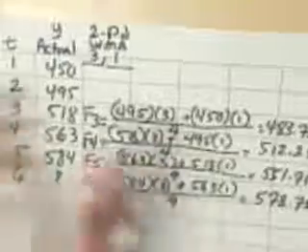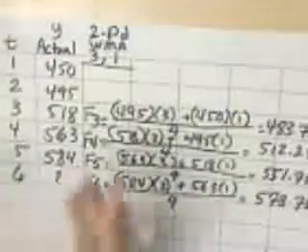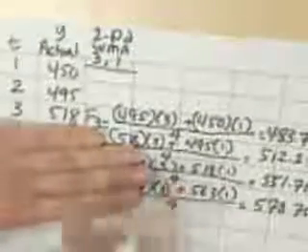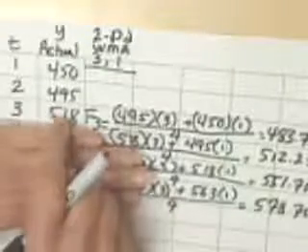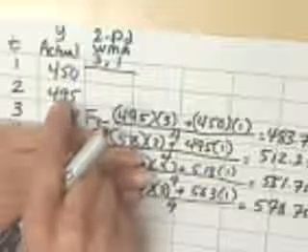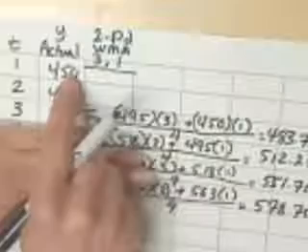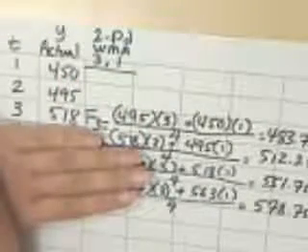Or you could go through a 3-period weighted moving average, where the weights you could assign are, I don't know, let's say 8, 5, and 2, for instance, or 8, 1, 1, or any combination such as that.